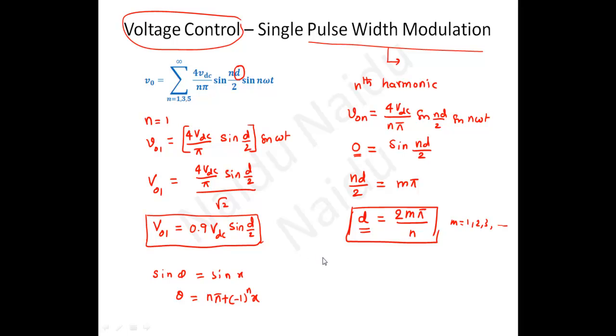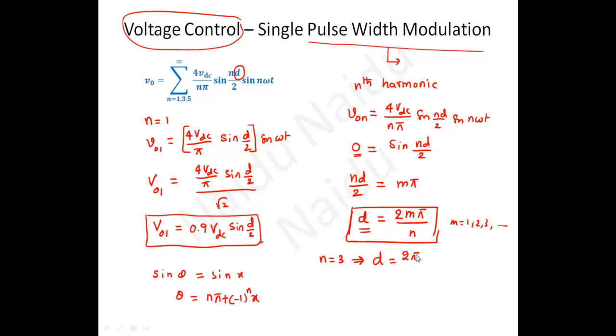For example, you want to eliminate the third harmonic from the output. Then we substitute n equal to 3 and m equal to 1 for the first time, and calculate d. For m equal to 1, d is 2 pi by 3.